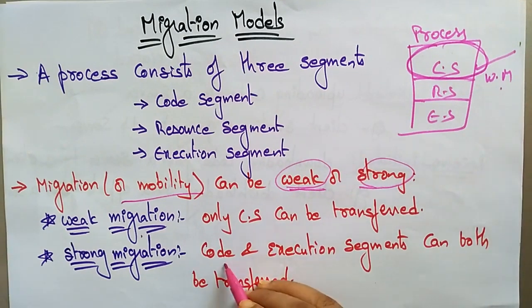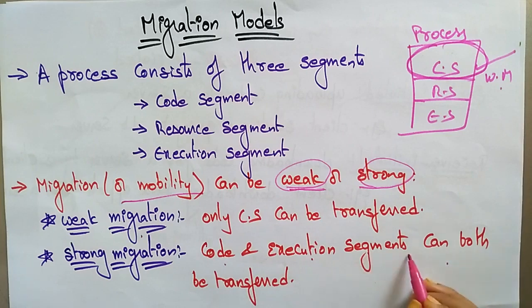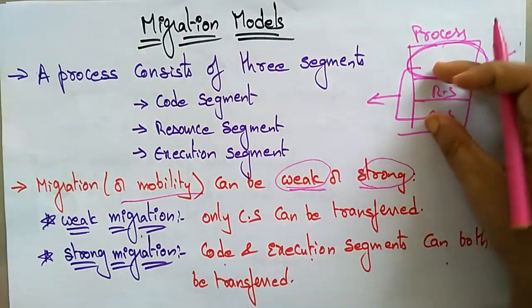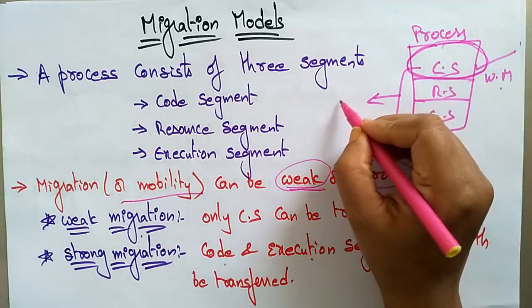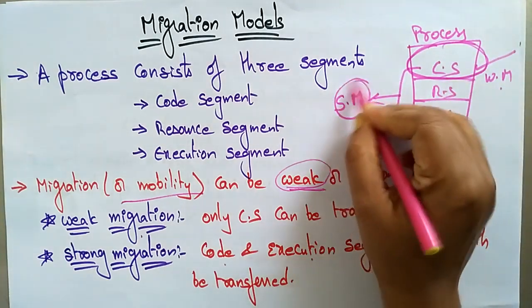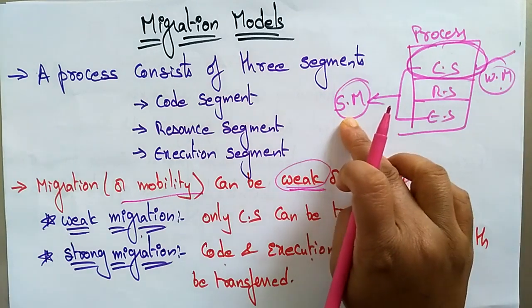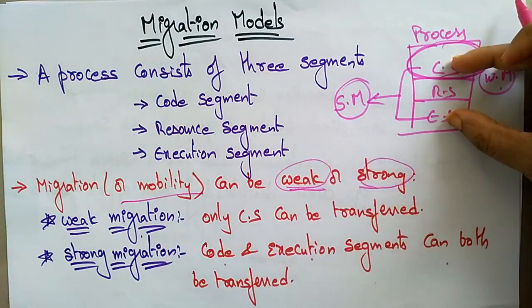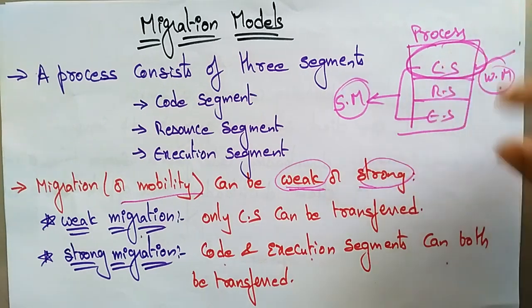Strong migration means code and execution segments can both be transferred. Here the code and the execution are both transferred, and then you call it a strong migration. That is, you transfer the code as well as the execution part, what type of operation has to be performed.